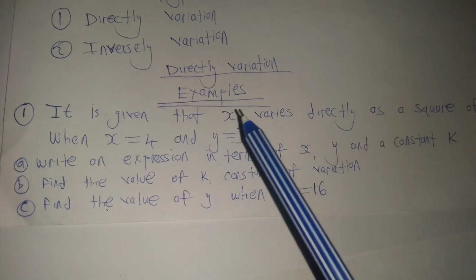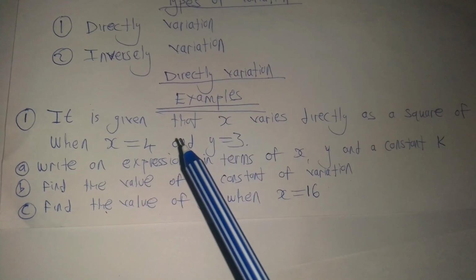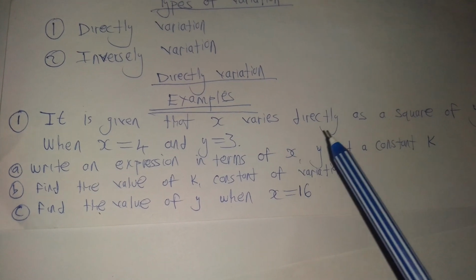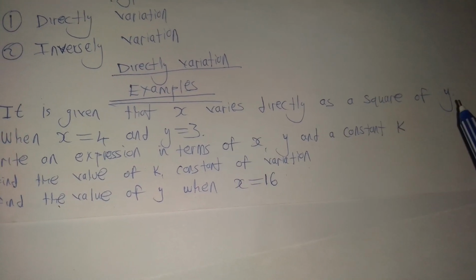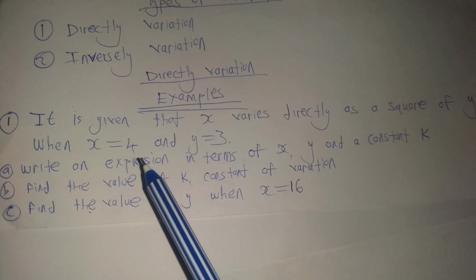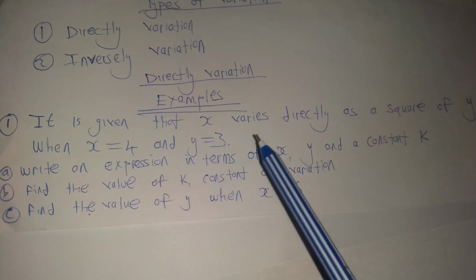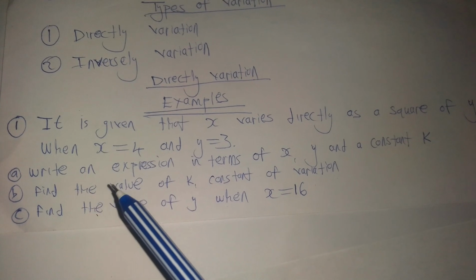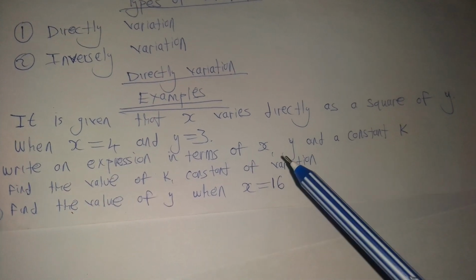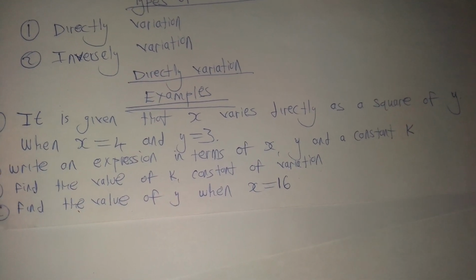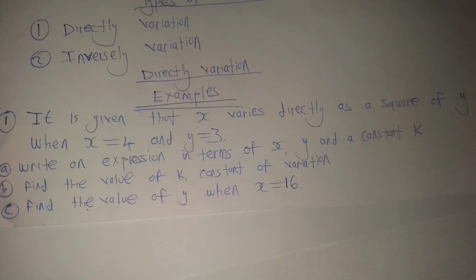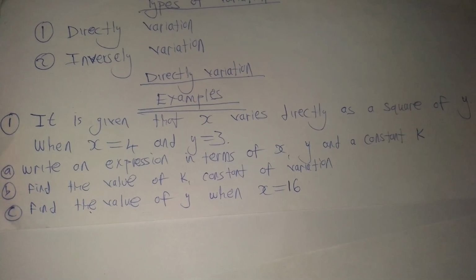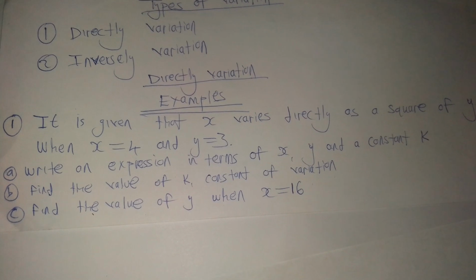Direct variation examples. It is given that x varies directly as a square of y, when x is equal to 4 and y equals 3. Question 1a, write an expression in terms of x, y, and a constant k. So this is what you do when you are told to write an expression.